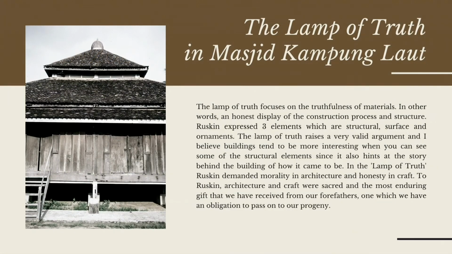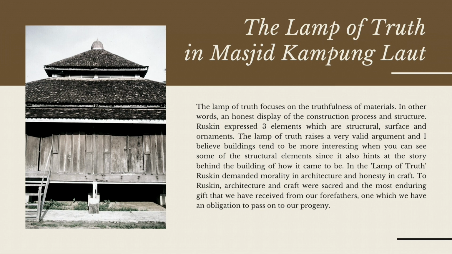Through John Ruskin's Seven Lamps of Architecture, I think that the Lamp of Truth represents Masjid Kampung Laut the best. The Lamp of Truth focuses on the truthfulness of materials, in other words, an honest display of the construction process and structure.